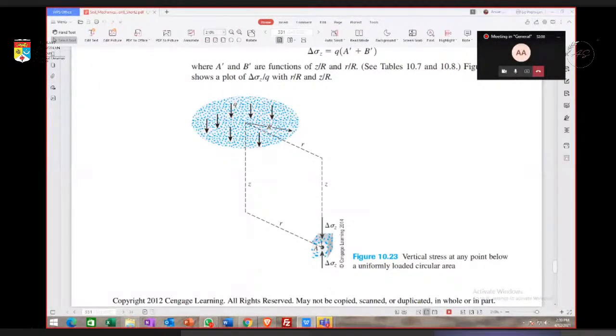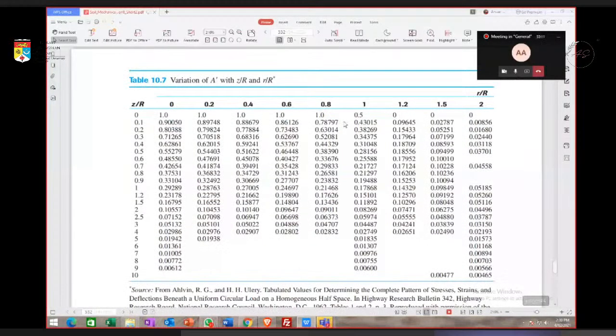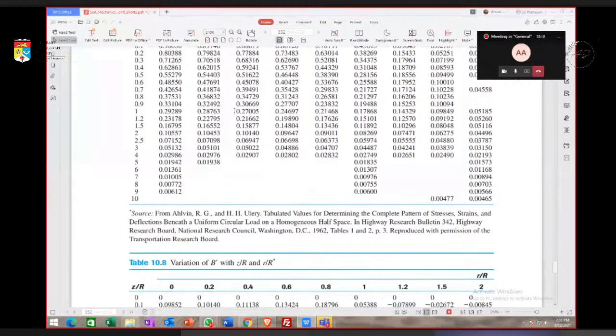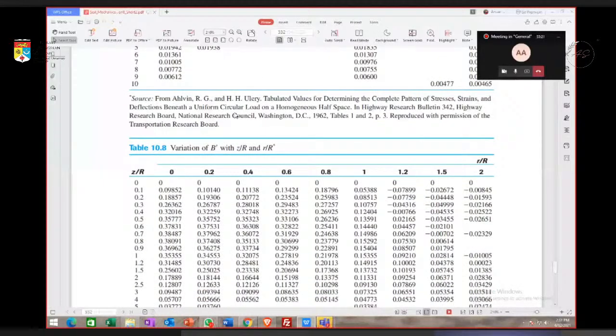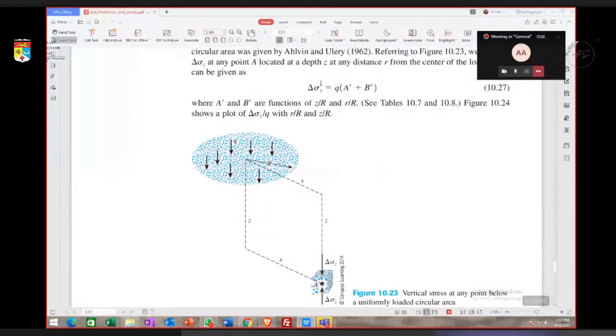So we can use the table here to calculate the increase in stress, in terms of B prime and A prime. A prime and B prime are given here. This is the equation. So we need to find A and B, and then we can calculate the increase in stress. Okay.